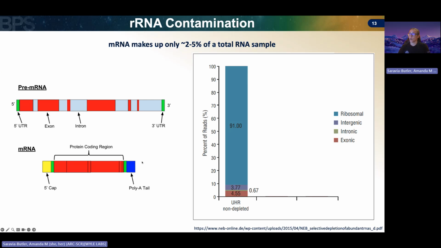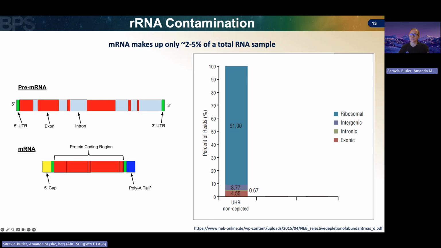And so in order to remove ribosomal RNA, one way we can do it, if we're only interested in looking at the messenger RNA in our sample, is to take advantage of the fact that mature messenger RNA has a poly-A tail.